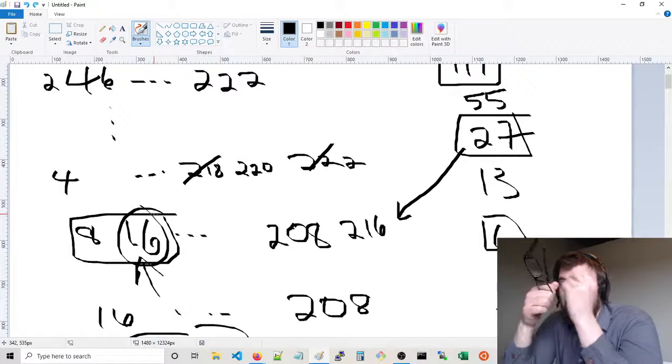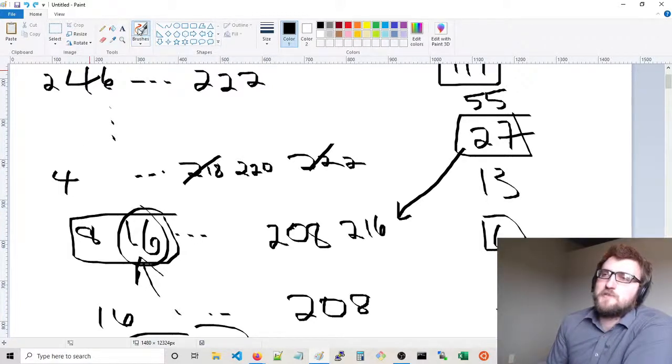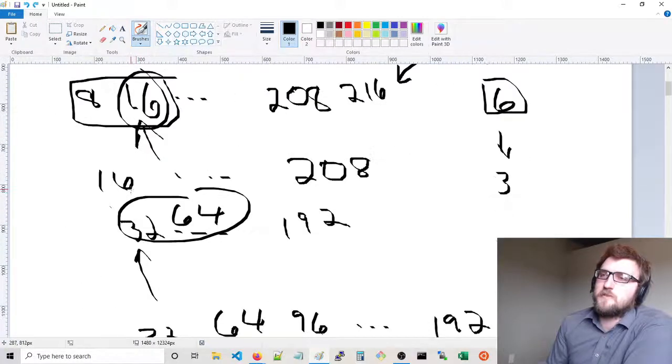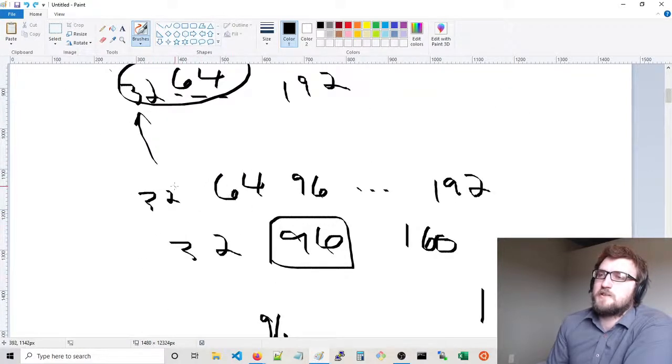it's a power of 2 away each time, right? So some power of 2 that we increase. So for 16, the next number in the sequence is 32. When we jump to 32, the next number in the sequence is just double that, right? So a lot of the time it's just double that, but sometimes it's not just doubling that.